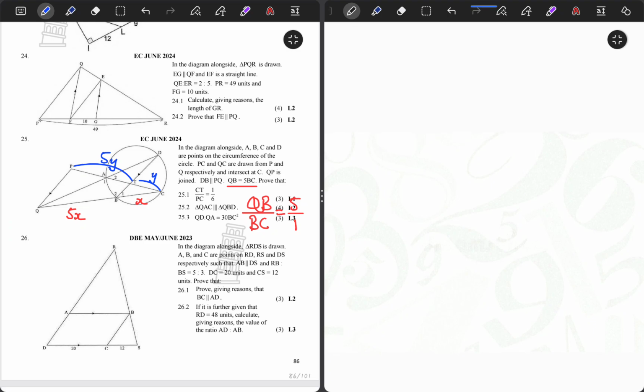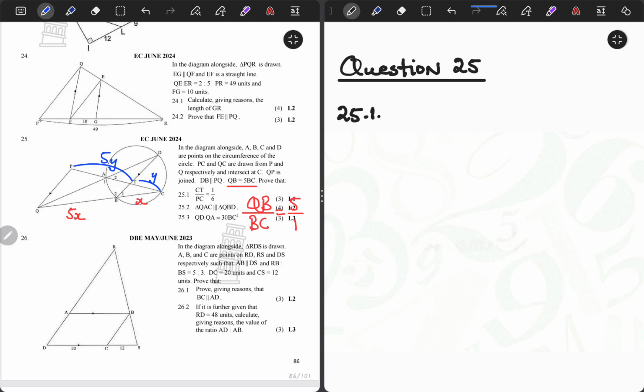All right, this is question number 25, so we'll work with 25.1.